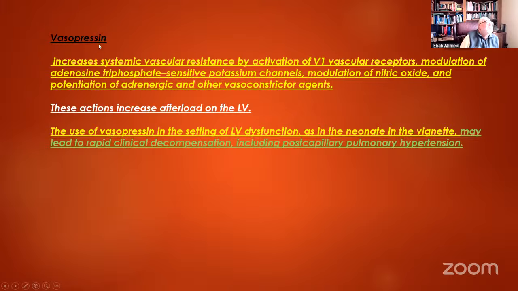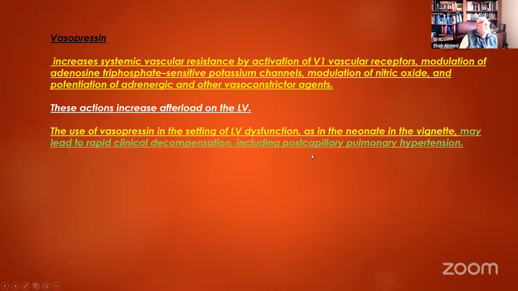And then comes the vasopressin, which is mostly a vasodilator. And I don't think we need it in this condition. If we give it in this baby, there will be a rapid clinical decompensation, including post-capillary pulmonary hypertension.